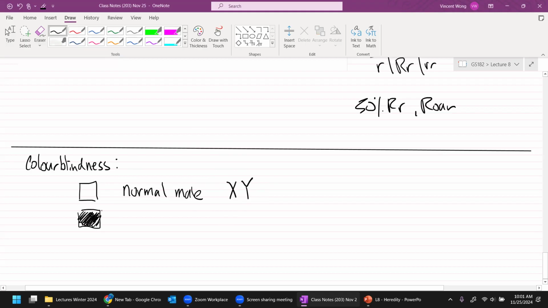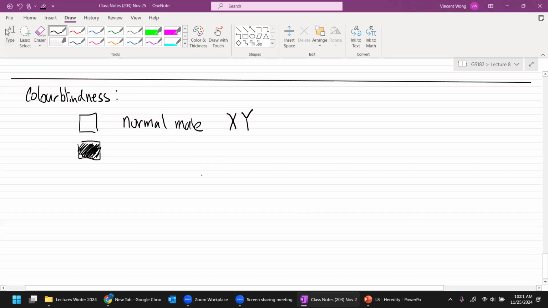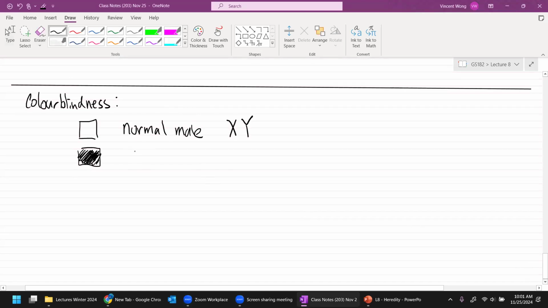What kind of male is this? I'm just going to use C for colorblind, because it's too long. Colorblind male. And this is how you write colorblind male: X, C, Y. So X^C is the colorblind allele.